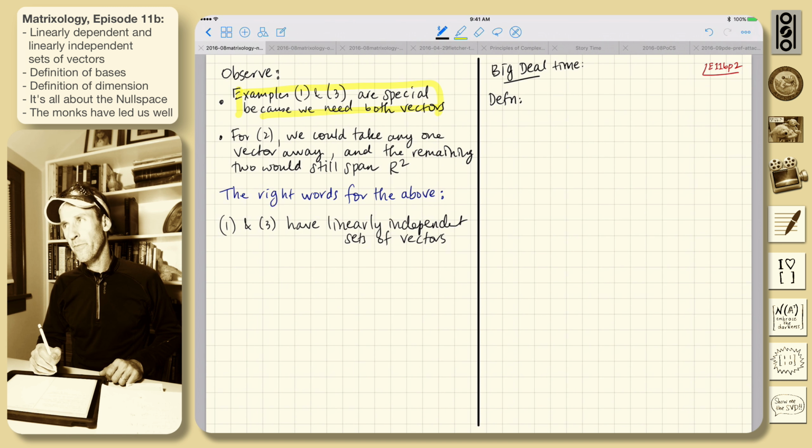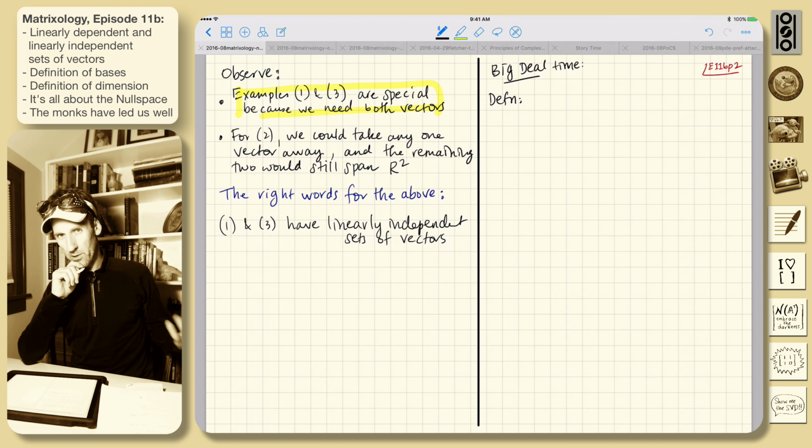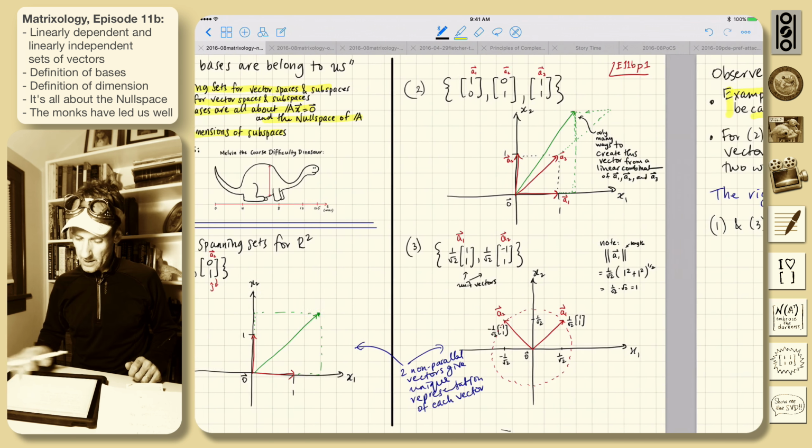It means we'll come back to this more and more with the big picture. We can't express one in terms of the others, for example. We can't just throw one out.